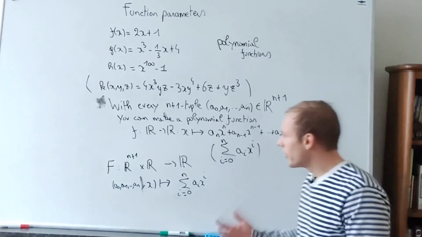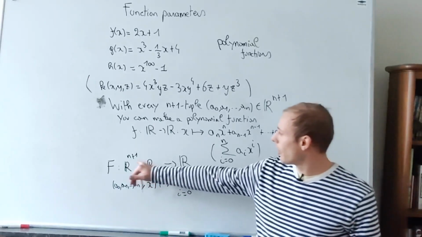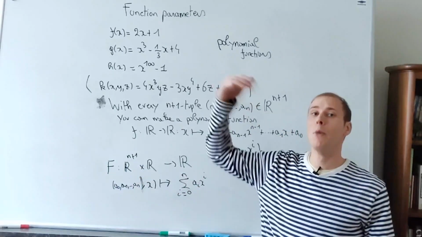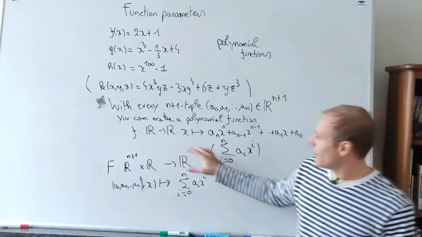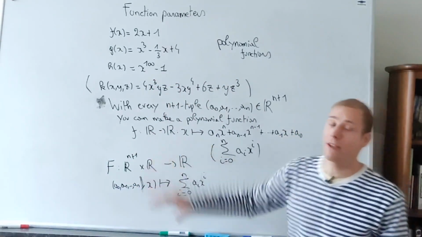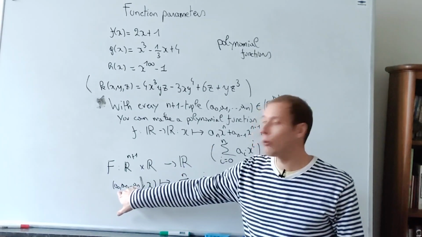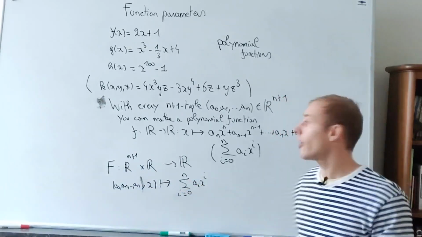So basically, if we are dealing with polynomials in one independent of degree at most n, then we can consider this as a big function, and whenever we specify a certain n plus 1 tuple here, then we have fixed our polynomial.